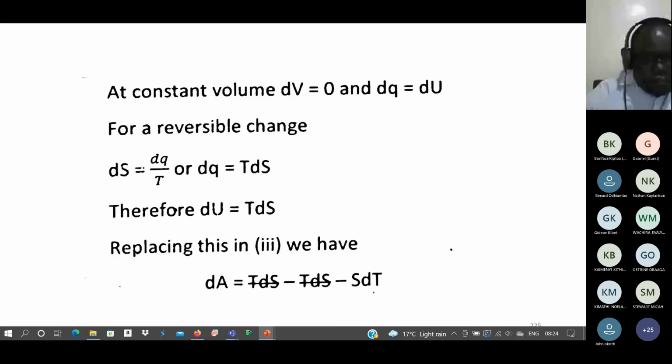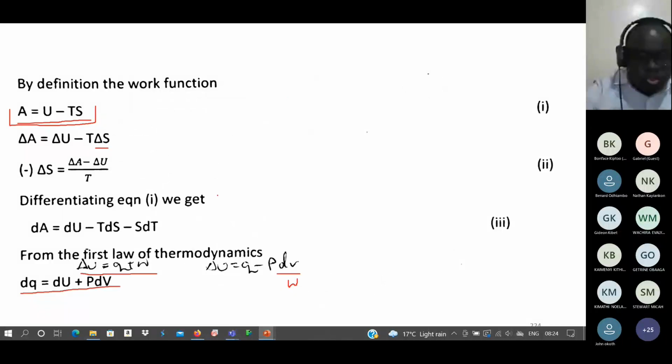Now at constant volume, dV equals 0. So if dV equals 0, then this part of the expression here becomes 0. So that means dQ equals dU.